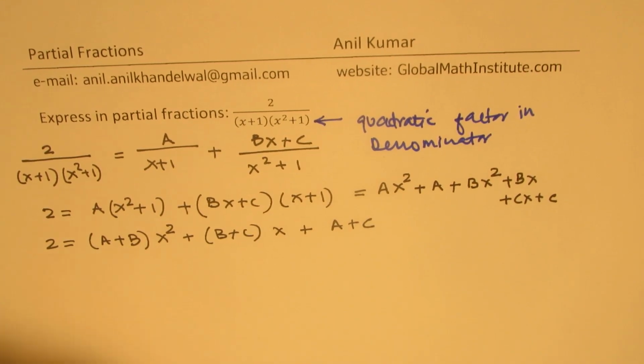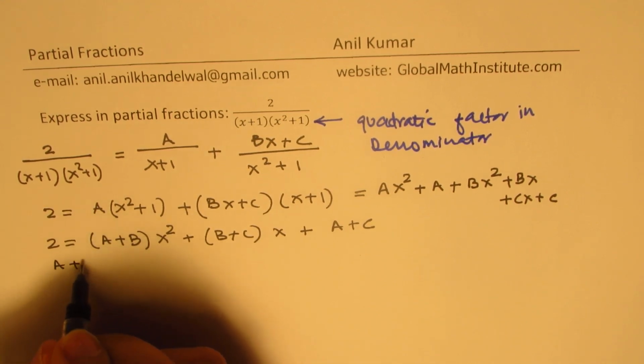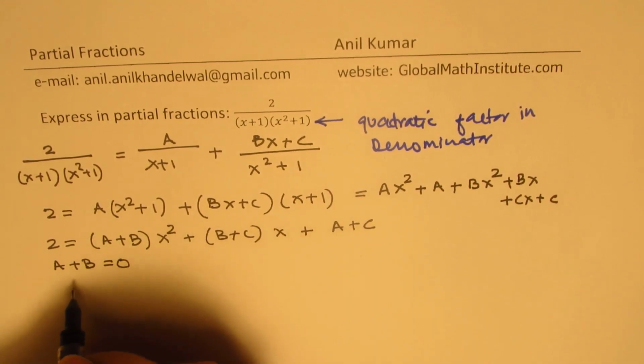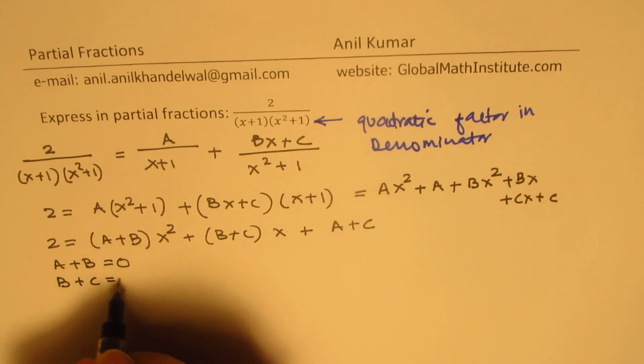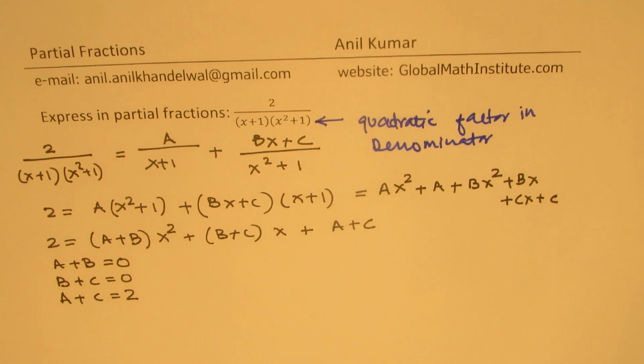So the equations which we get, since the constant 2 is there, a plus b should be equal to 0, b plus c should also be equal to 0, and a plus c should be equal to 2. So these are the equations to work with. Correct?